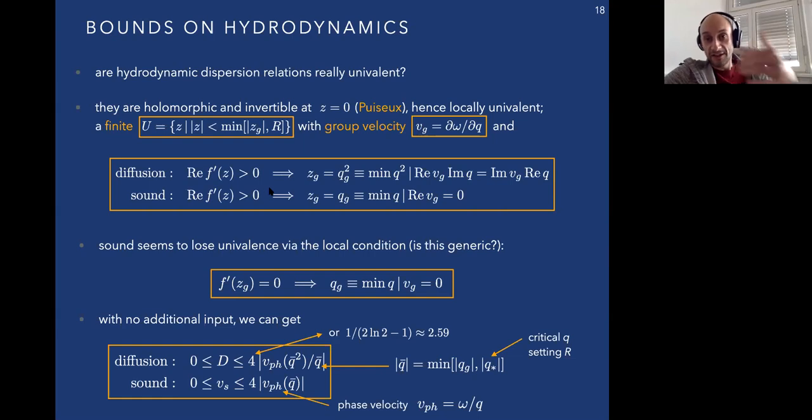And I can invent some conditions on this kind of stuff, which are not particularly physically intuitive, but you can sort of imagine, basically something goes wrong when the real part of f prime stops being positive. So f prime is roughly related to the derivative of the dispersion relation, and this is related to the group velocity. So I can write down some conditions on the group velocity whereby my thing will stop being univalent when I reach that value of the group velocity.